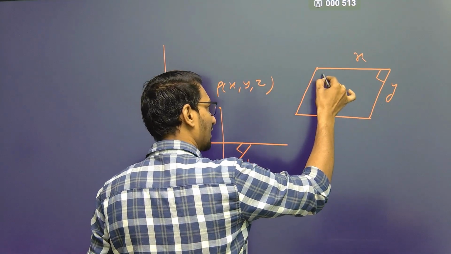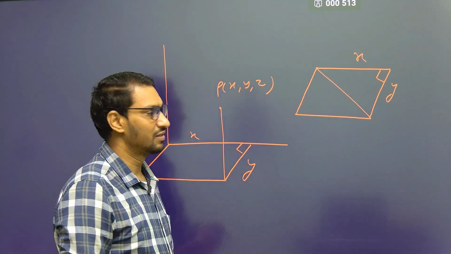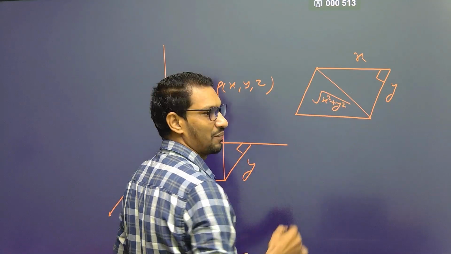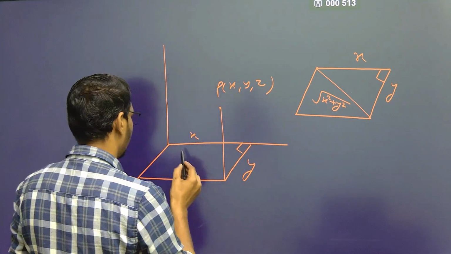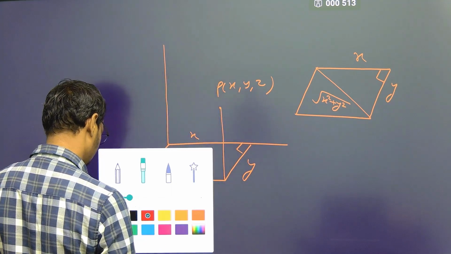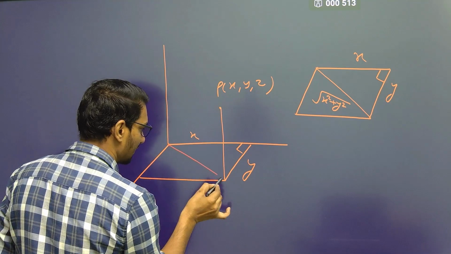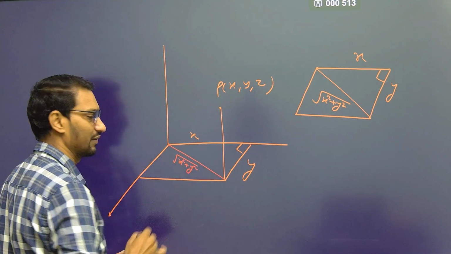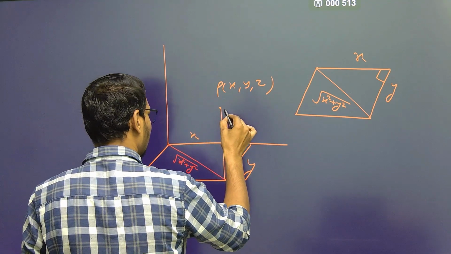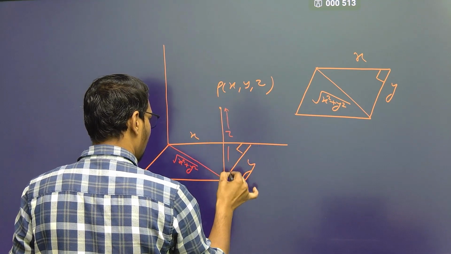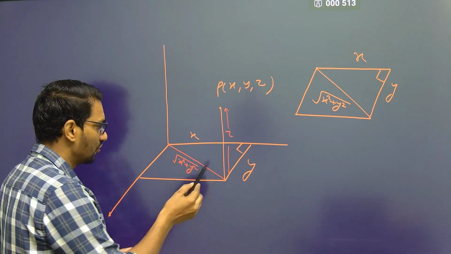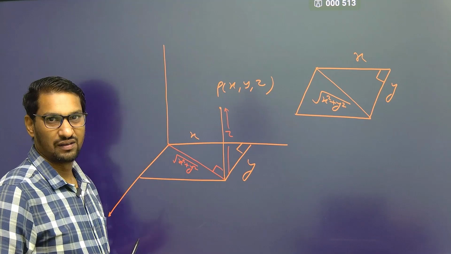If we join this, then this is square root of x square plus y square by Pythagoras theorem. And this height is z, and since this is perpendicular to the xy plane, again this angle is a right angle.